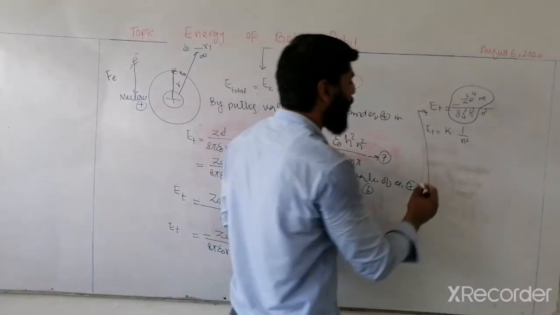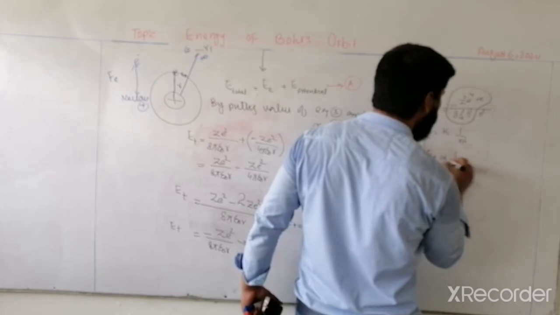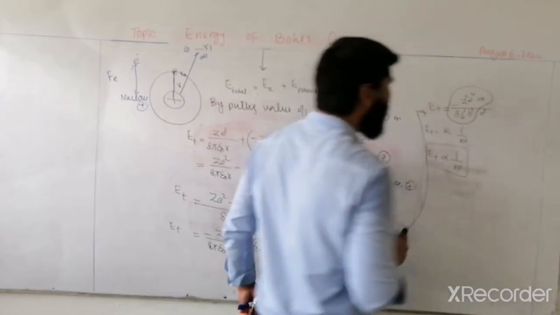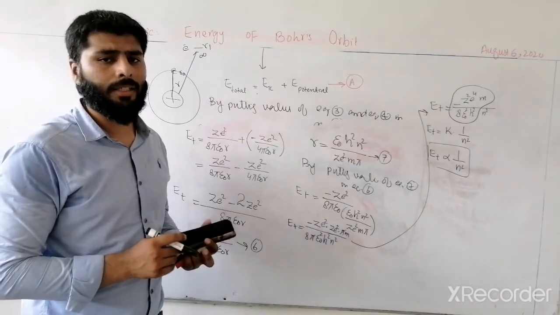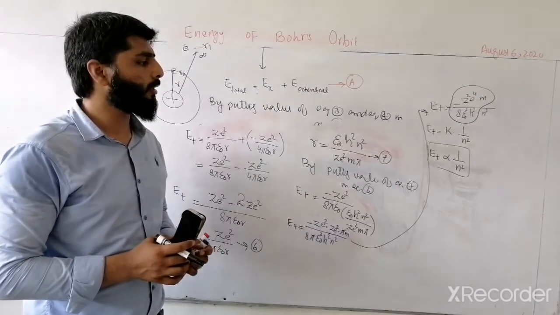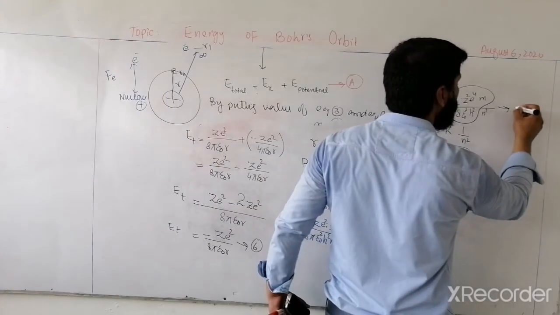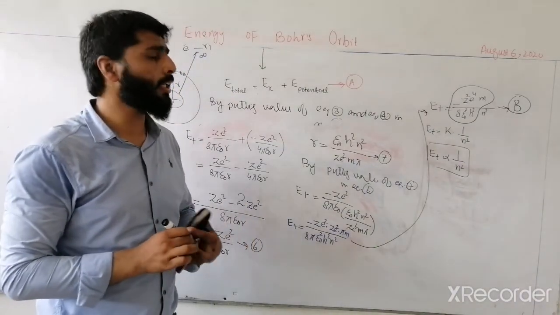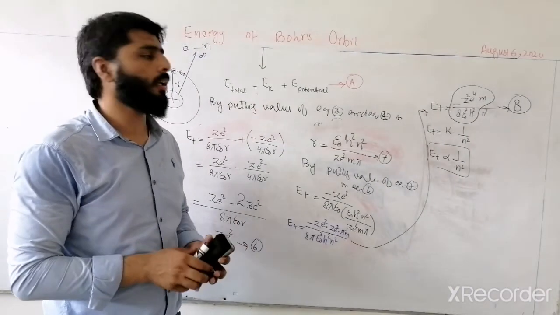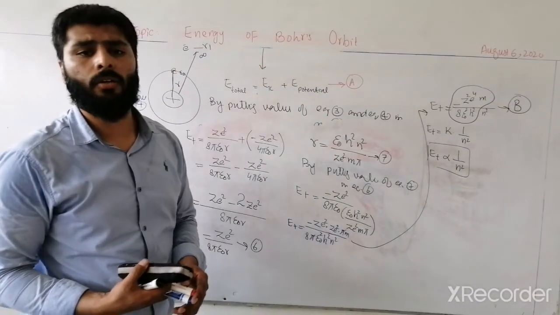So total energy is inversely related to n square. Greater the number of shells, smaller will be the energy. This is the general formula for the calculation of energy in an orbit for a specific electron.